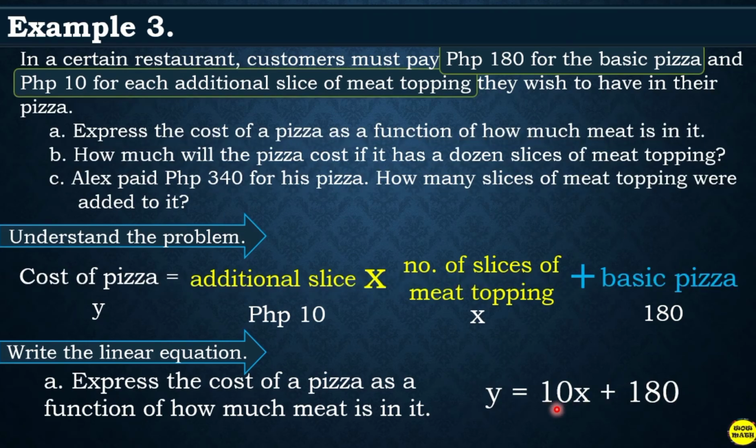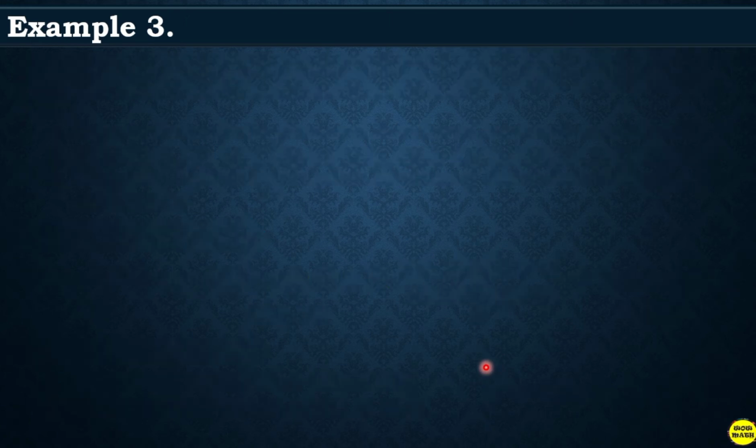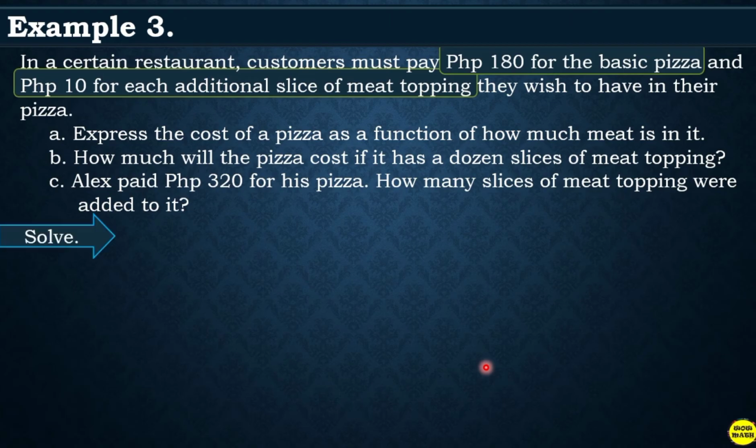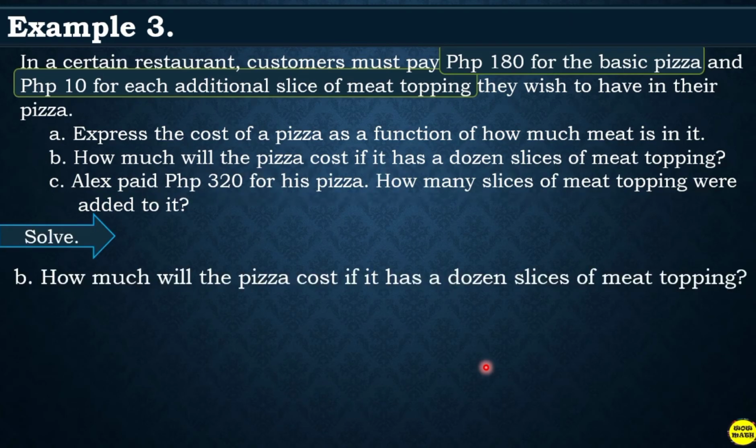This is the additional meat slice, and we multiply it by how many slices you added, plus the amount of your basic pizza. That is the cost of the pizza, the total you will pay. So that is letter A. Let's proceed to letter B.